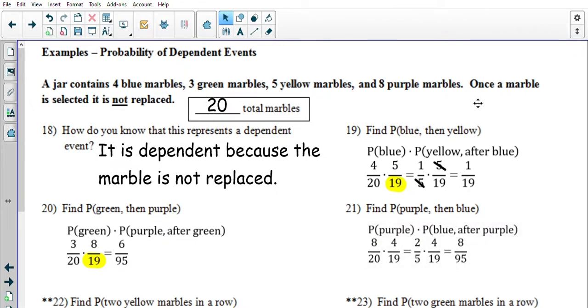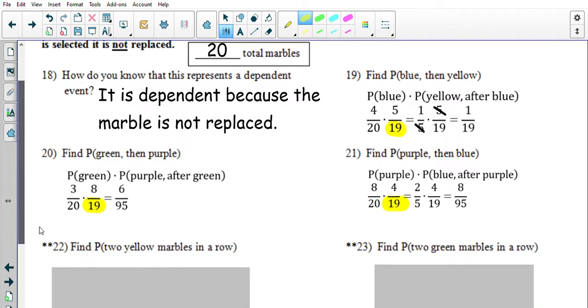Probability of purple is once again going to be our 8/20. But blue after purple, we've got 4 blue, but again, we only have 19 remaining. 8/20 reduces to 2/5, multiply by 4/19 to get 8/95. You'll a lot of times see weird denominators with this because we decrease the denominator each time.